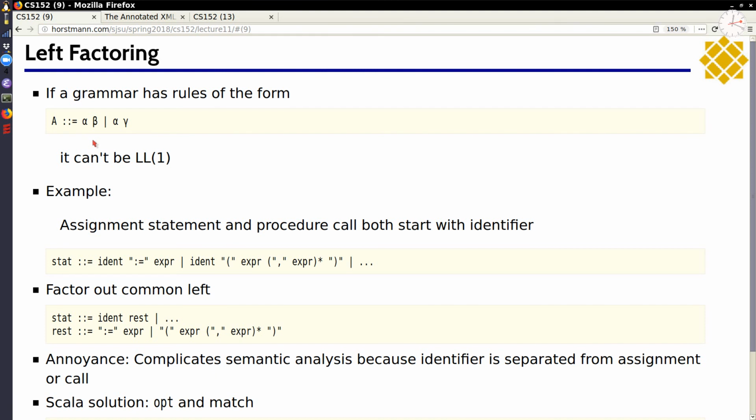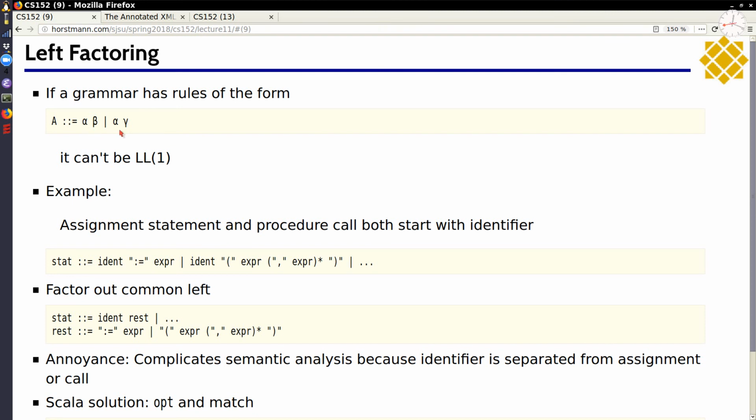Here's another common situation, that you have a grammar rule that says something can either be like what I call alpha here for the first part, followed by beta, or alpha followed by gamma, by something else. And again, in this case here, you can't tell which of the two rules to pick by looking at the next token. The next token is going to be something that can be produced by alpha, and so it just doesn't give us the choice.